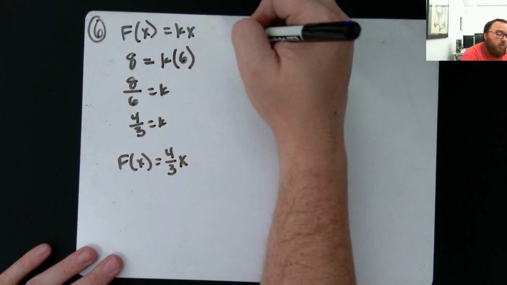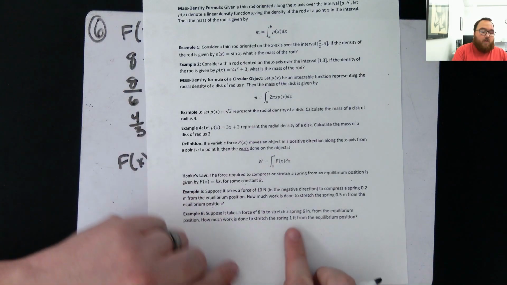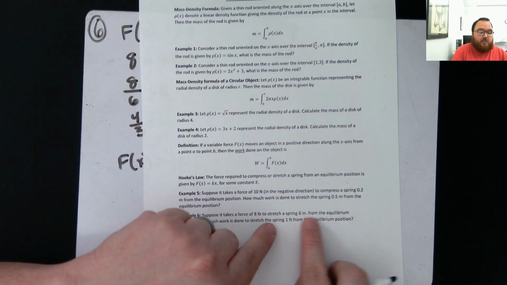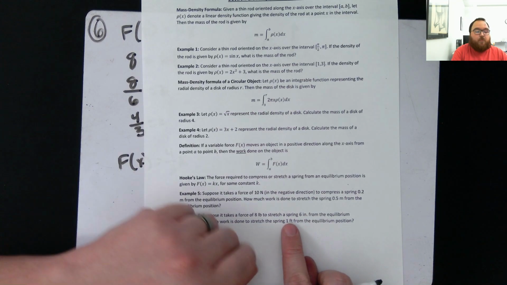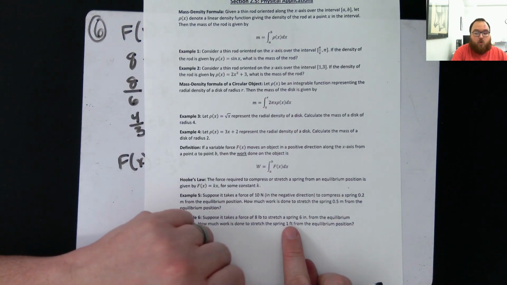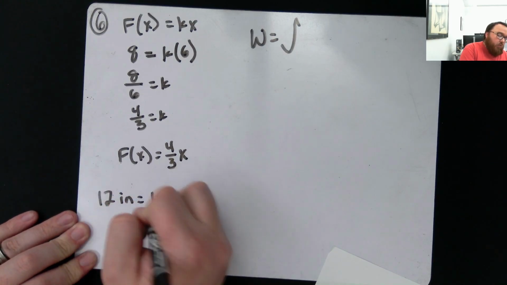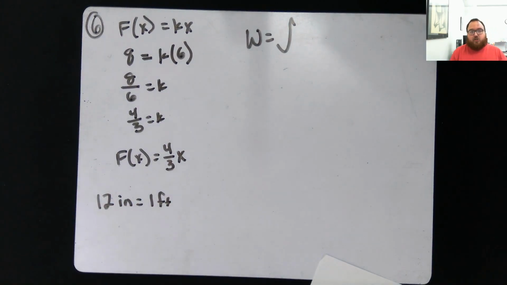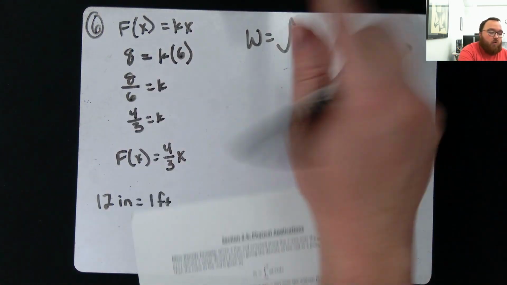So for the work, be careful here. Notice it's asking for 1 foot, which does not match what I put here, right? So this would actually be from 0 to 12 in order to match that, because 12 inches is equal to 1 foot, and they've got to match. So 1 foot means I'm actually going to put 12 up here.